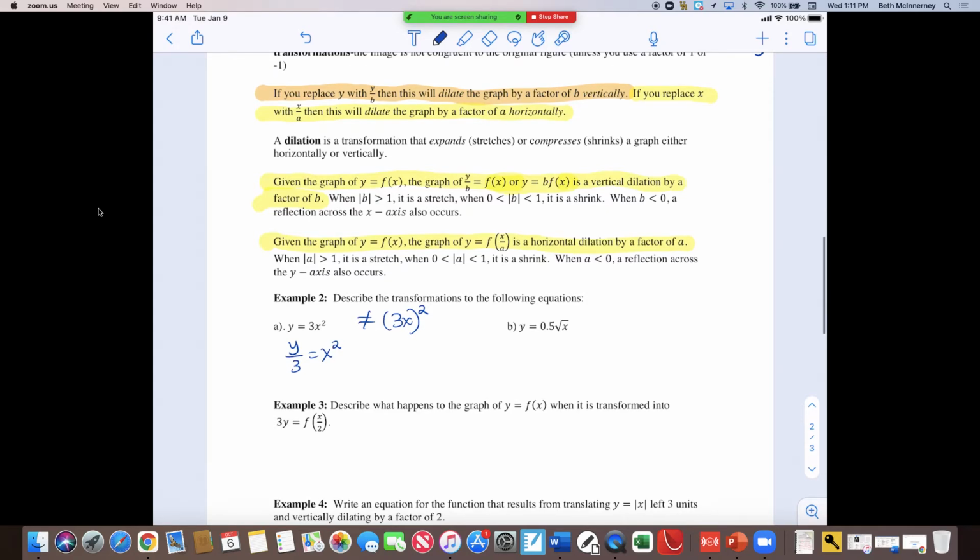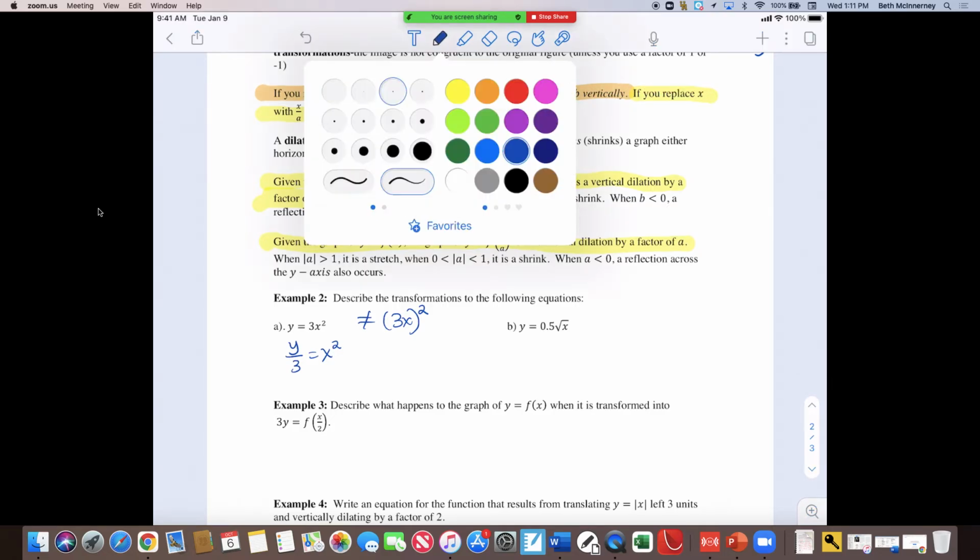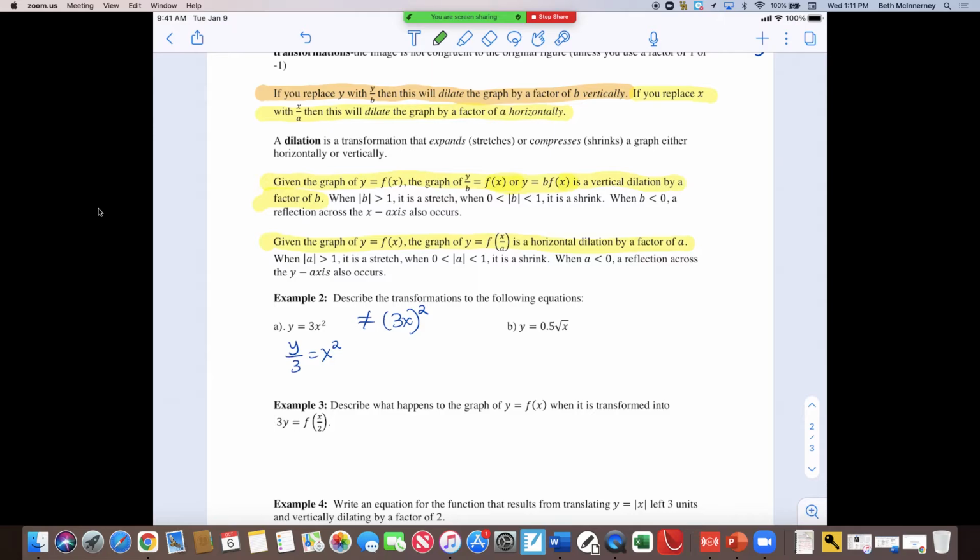And according to this right here, if you have y over b, it's a dilation vertically by a factor of b. So this is a vertical dilation, and we're going to call it a stretch because it's a number bigger than 1, of 3. You see that? B is 3.